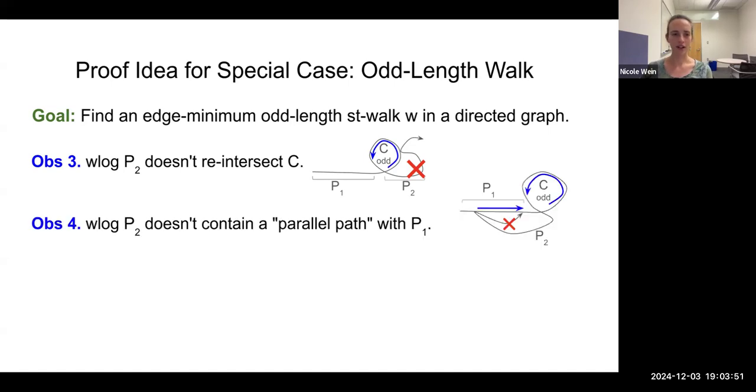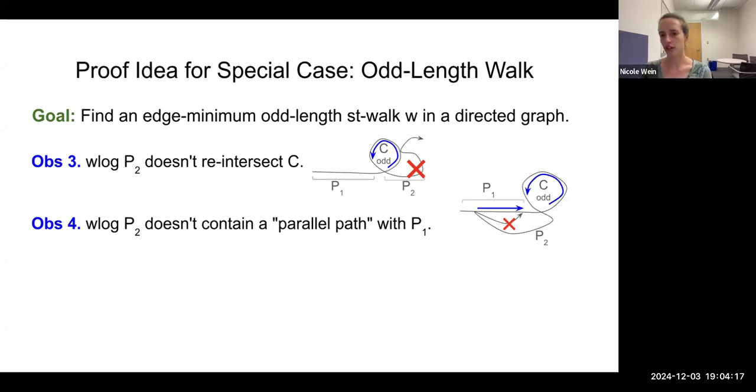Okay, so another structure that we can, without loss of generality, assume doesn't exist is that P2 intersects P1 and then takes a parallel path with P1, so that P1 and P2 share some vertex, then they diverge and take disjoint paths, and then they re-intersect at a later point.